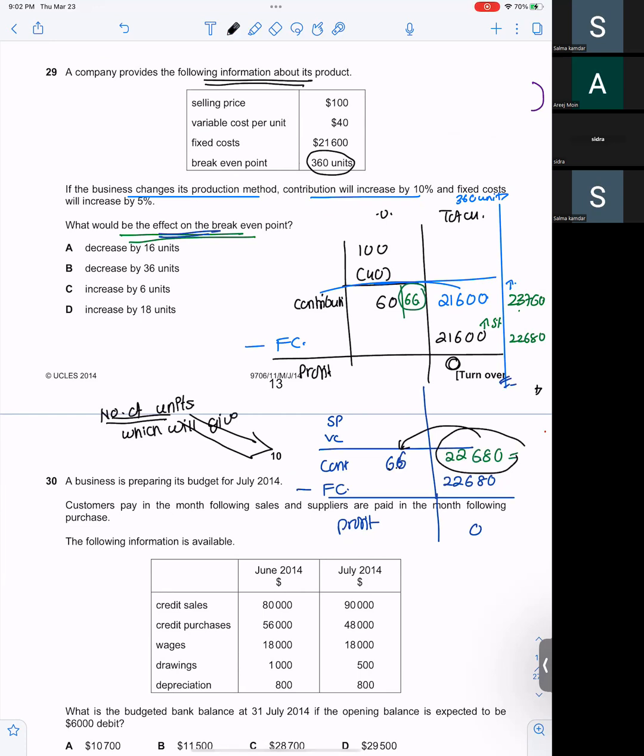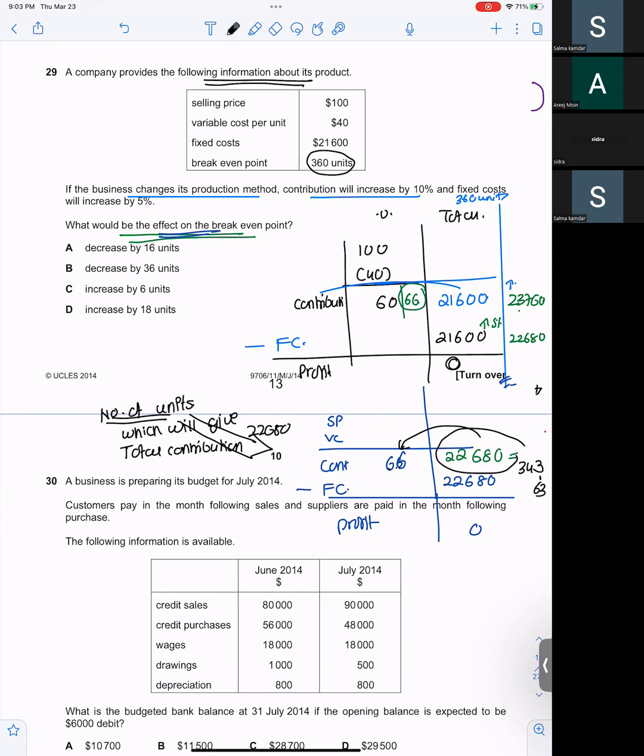So what will the amount be? The number of units which will give total contribution 22,680. What are you getting? 343.63.